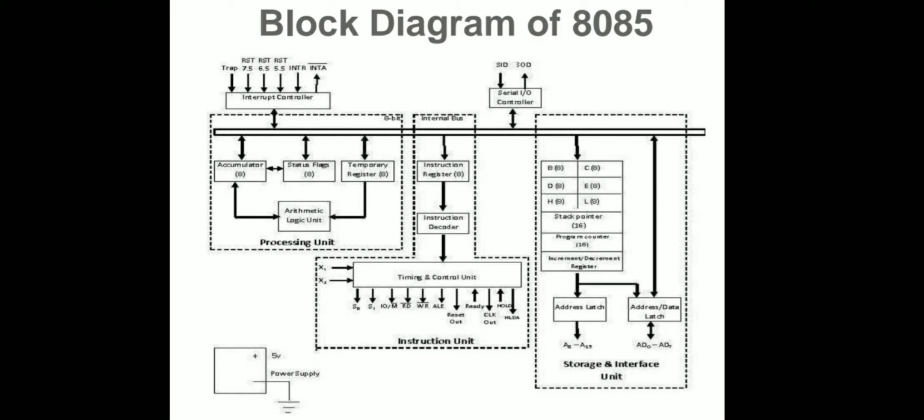The flag register is an 8-bit register which contains 5 flags: sign flag, zero flag, auxiliary carry flag, parity flag, and carry flag. The carry flag is set when the result of any operation generates a carry from the last bit.